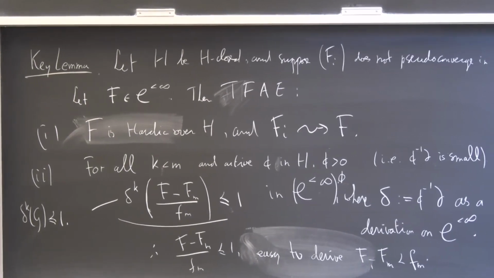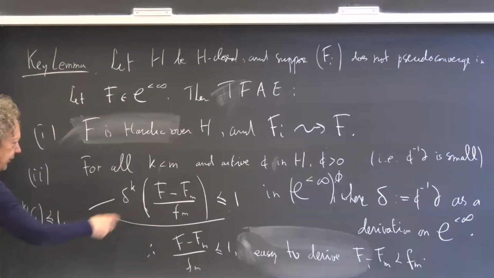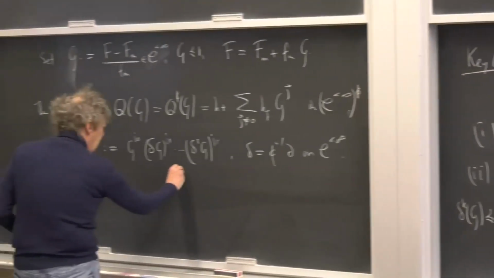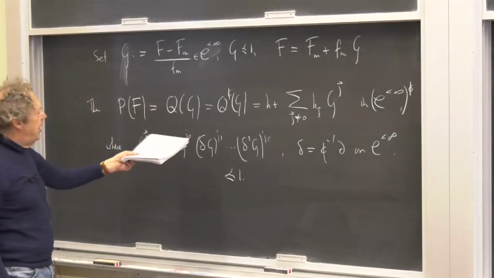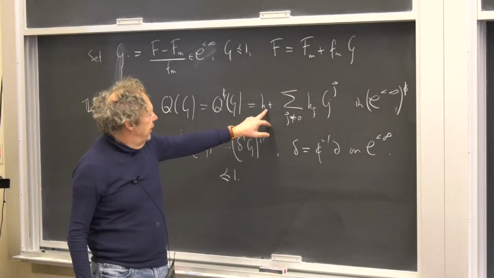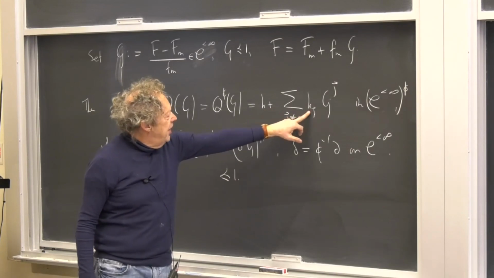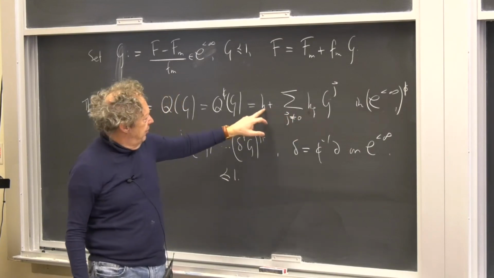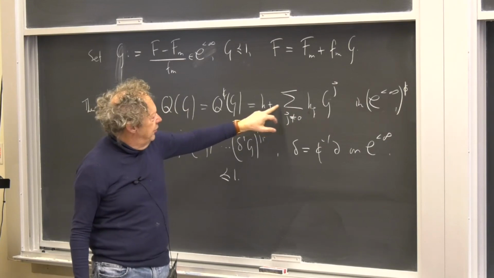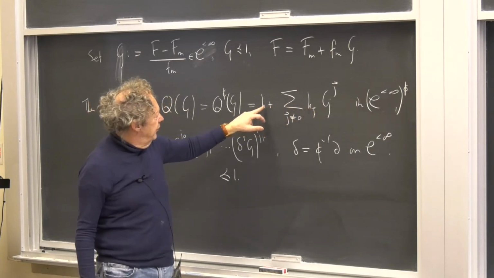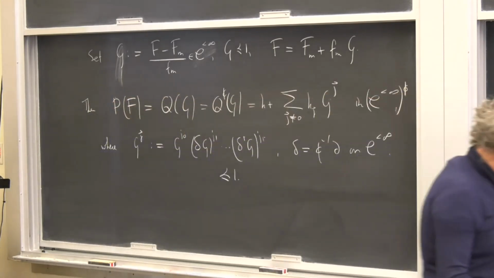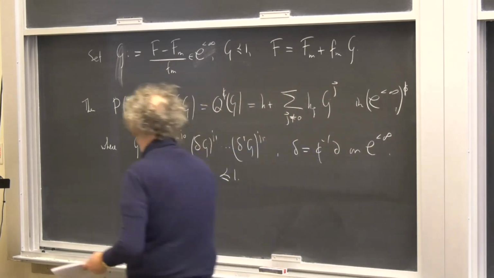And this says that all these delta^k G are bounded, and then these are also bounded. All these G^J are bounded, dominated by 1, which means, since the H_J are negligible compared to H, that H is the dominating term in this sum, and so this will be H plus something that is tiny compared to H itself.